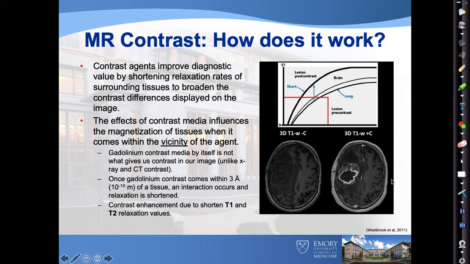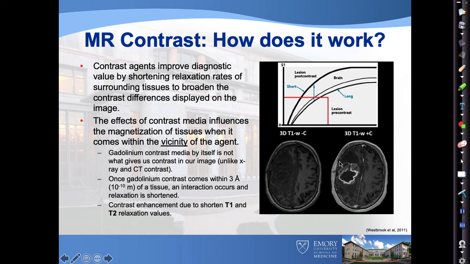So you can see here we have a pathology in the right hemisphere of the brain, and on the T1 weighted image, you can see those tissues have the same contrast, or almost the same contrast, as the brain tissue that it runs up against. And you can see that visualized by the relaxation curves of those tissues.